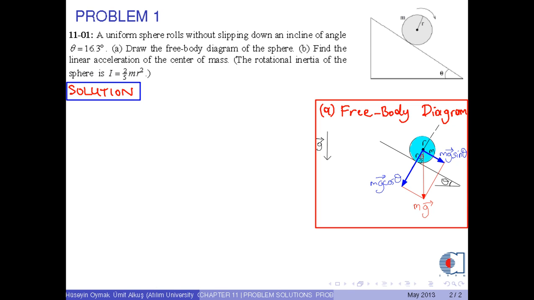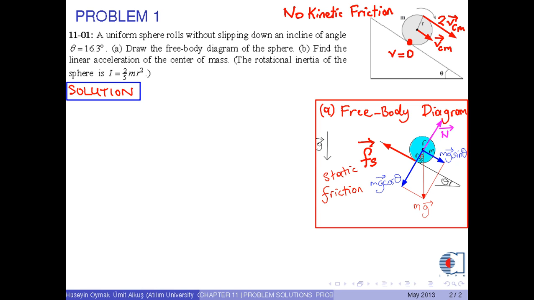Another force acting on the object is the normal force due to the surface. Finally, since the contact point does not move, there is no kinetic friction, but there is a static friction, and it's an upward force along the incline.